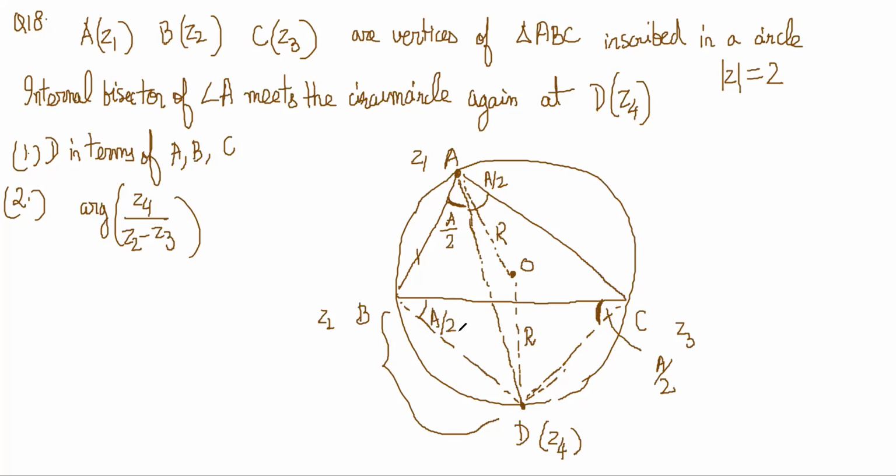Wait, sir, won't angle ABC be equal to angle ADC? ABC will be equal to ADC, that will also be equal, yes. Maybe it is useful, right now we are just seeing what is happening. I am getting this is A by 2, this is A by 2. So the whole angle is 180 minus A, which is expected because of the cyclic quadrilateral.